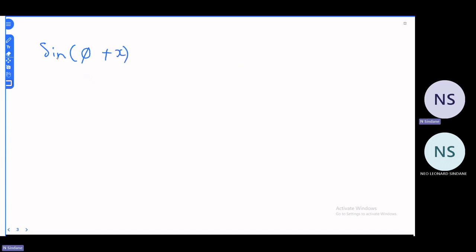In terms of compound angles, this will give you sine of theta multiplied by cos of x plus cos of theta multiplied by sine of x. Then let's say you are given sine of theta minus x.